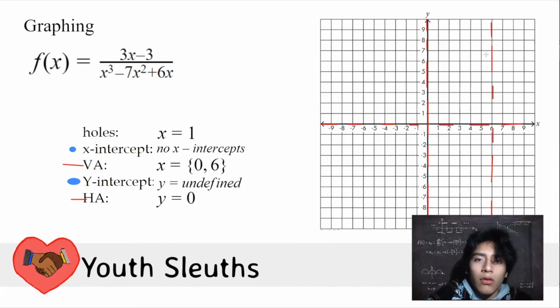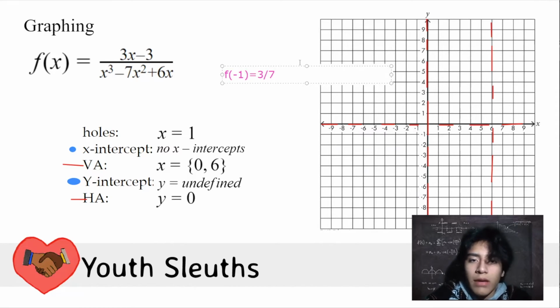So for the first part, we will plug in a point here to find if the function's here or down here. And so let's plug in -1. And so f of -1 is just 3/7.